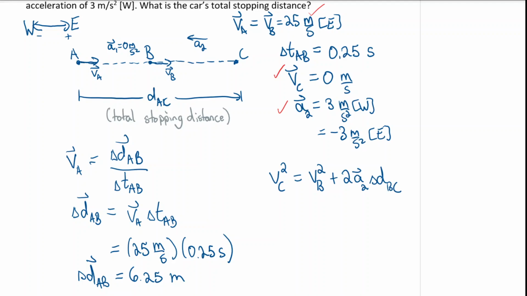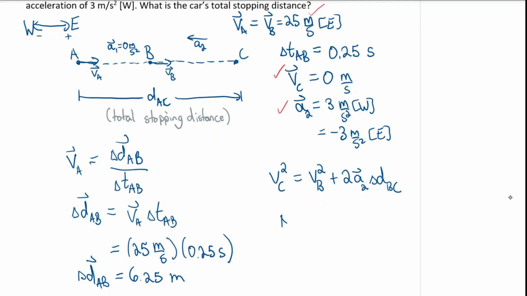So we're going to need to rearrange this. You can substitute your values in or rearrange it with variables. I'm going to do it with variables, so I'm going to bring this over by subtracting both sides, and then bring this over by dividing both sides by 2a.